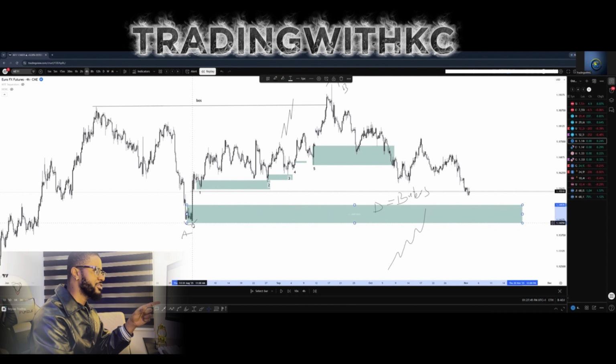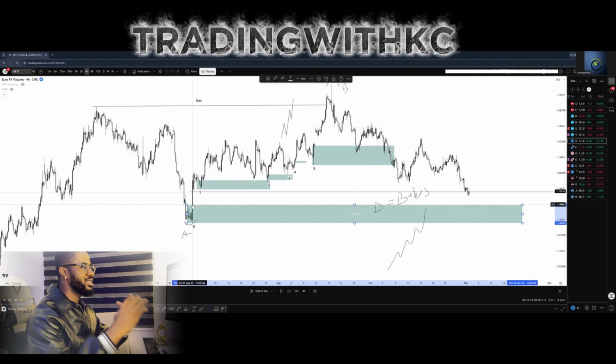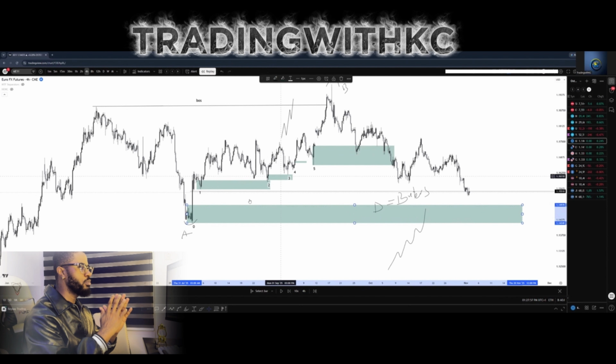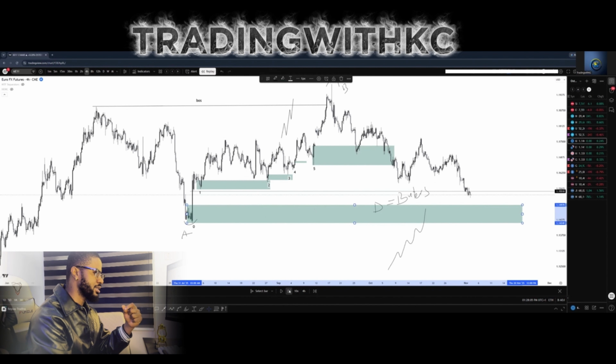If there was no imbalance formed here, then trust me, price is going to reach this low. But because of the presence of the imbalance, this one belongs to a different family. So low 0 is completely different from whatever is happening in low 1, low 2, low 3, 4, and 5.